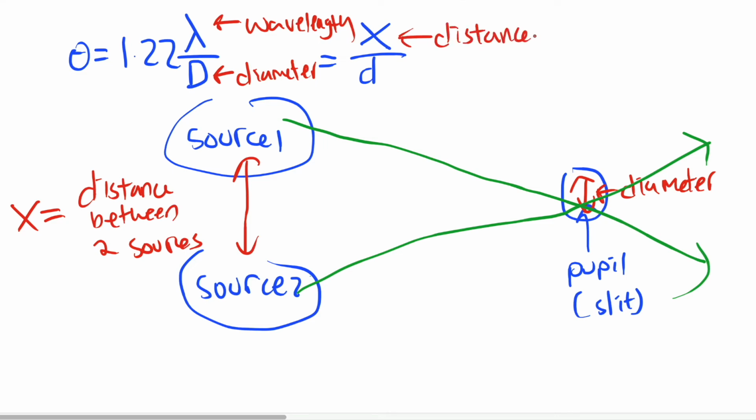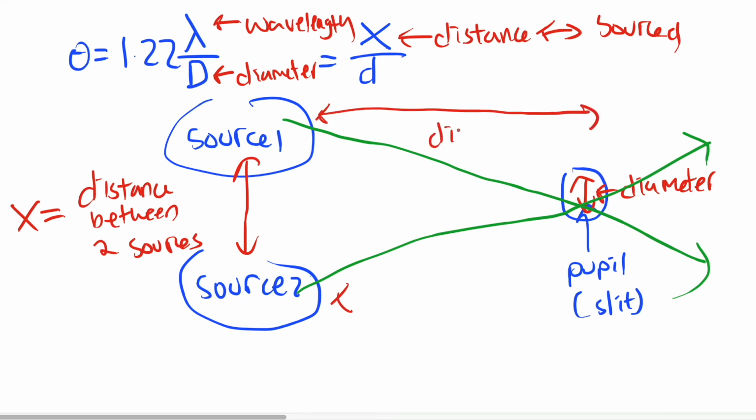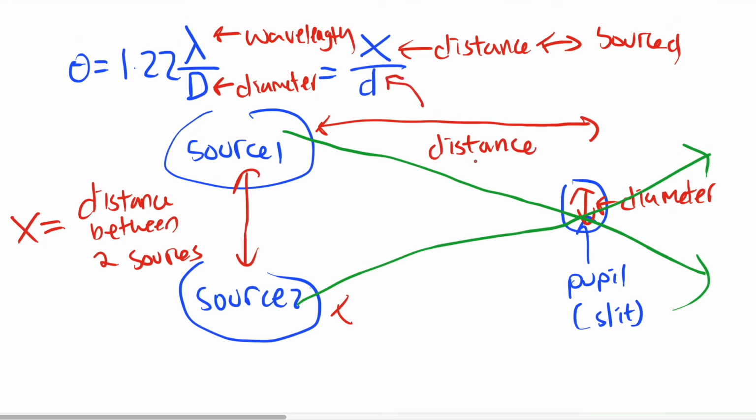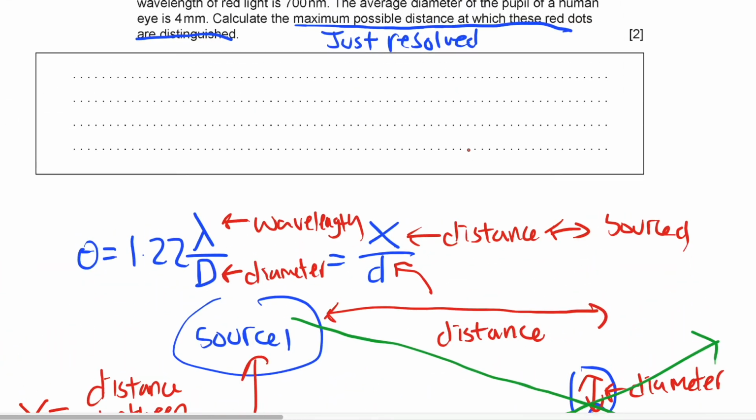I'm going to abbreviate this, because I'm too lazy to write out all those words. And here is the maximum distance, which is represented by this d here. This quantity is essentially what the problem is asking for.